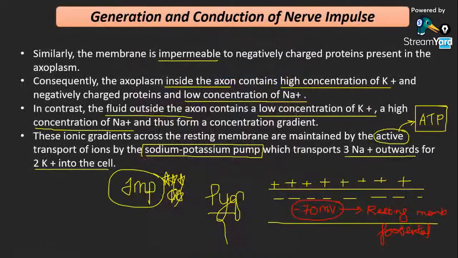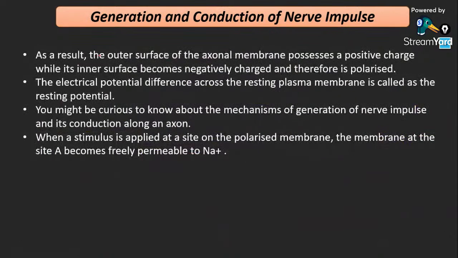Clear? So anyway, let's come back to the slides and discuss. As a result, the outside surface of the axonal membrane possesses a positive charge. The inner surface becomes negatively charged, and therefore you call that state polarized.